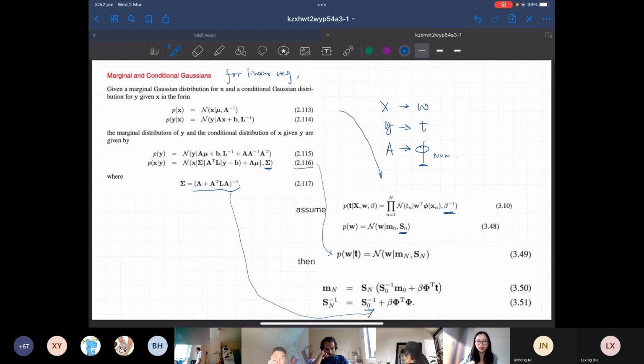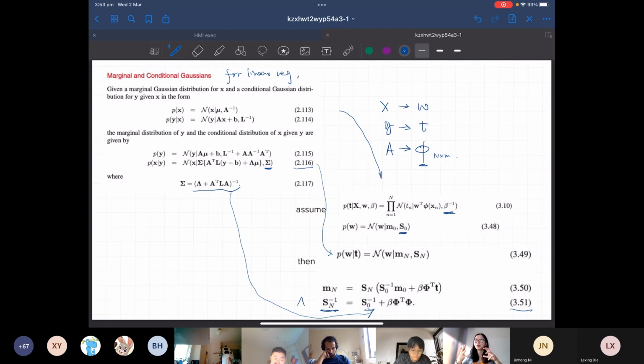The slight convention change is that expression 3.51 is on the inverse, essentially the precision matrix, whereas 2.117 is looking at the covariance matrix, therefore there's an inverse on the outside. If you put it over that inverse, this appears.